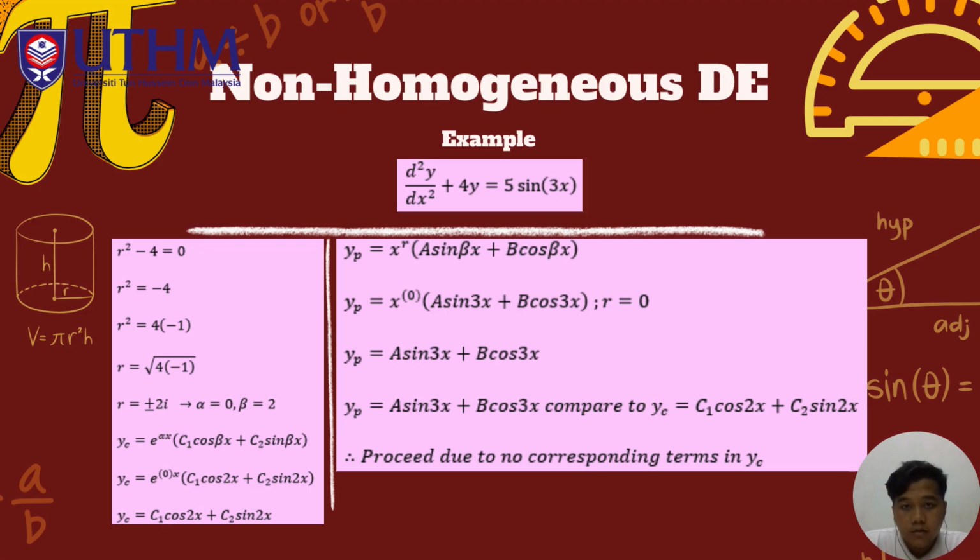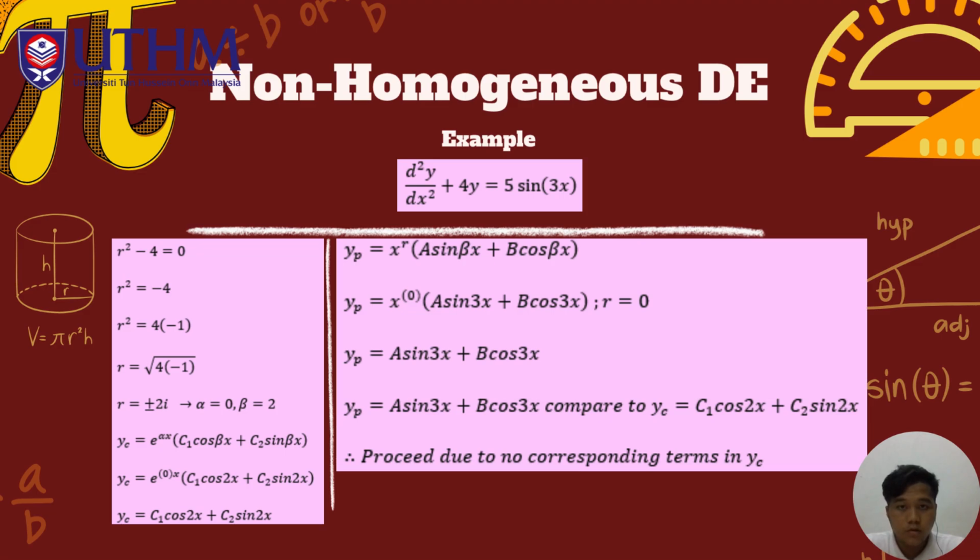Then we proceed to the particular solution, that is yp, and we use x to the power r, yp is equal to x^r times a sin beta x plus b cos beta x. It is because we know that it is in the trigonometry.